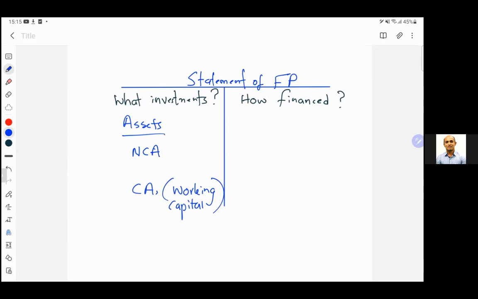Then the second part is how these investments have been financed. That's what you see as equity, non-current liabilities, and current liabilities.